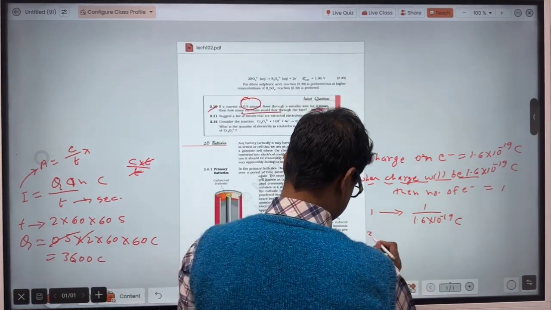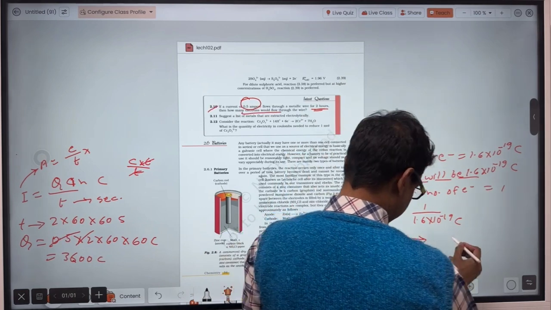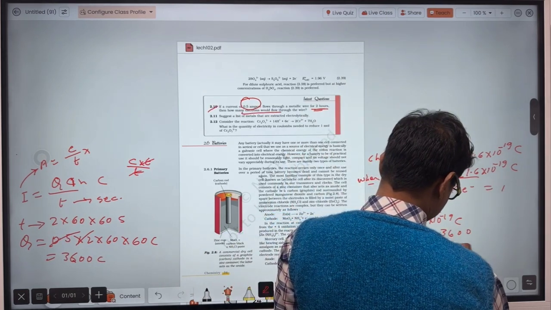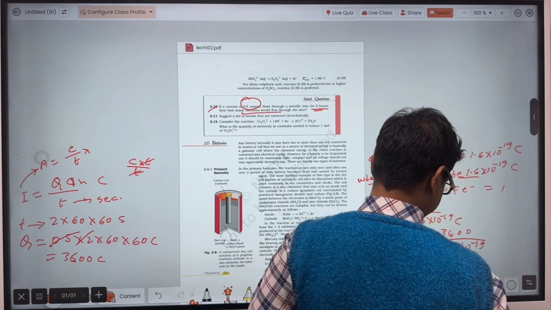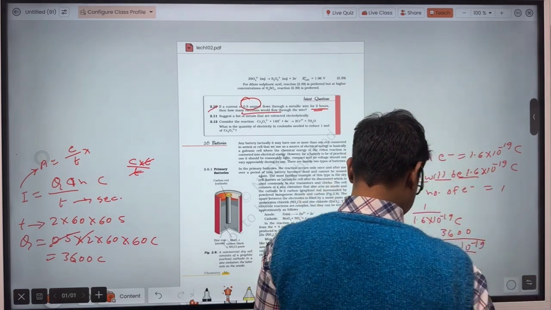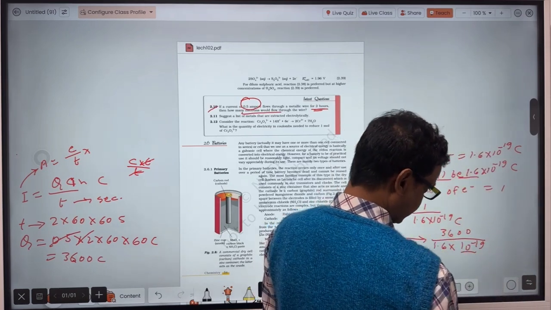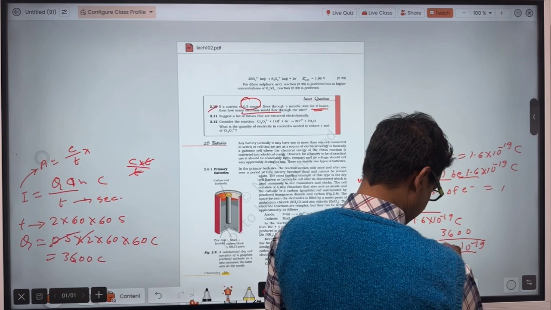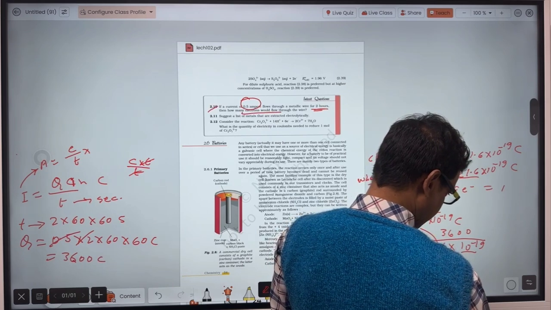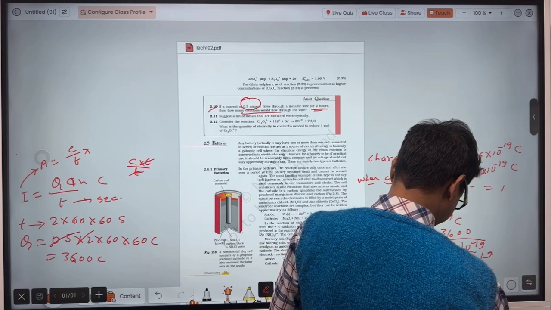Now, when the charge is 3600 coulomb, the number of electrons will be 3600 upon 1.6 into 10 to the power minus 19. The 10 to the power minus 19 goes to the numerator and becomes 10 to the power 19. So 3600, taking the decimal out, 10 into 10 to the power 19 upon 16.